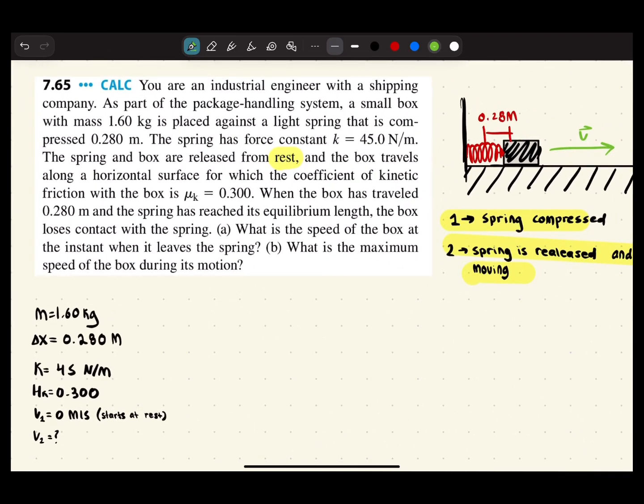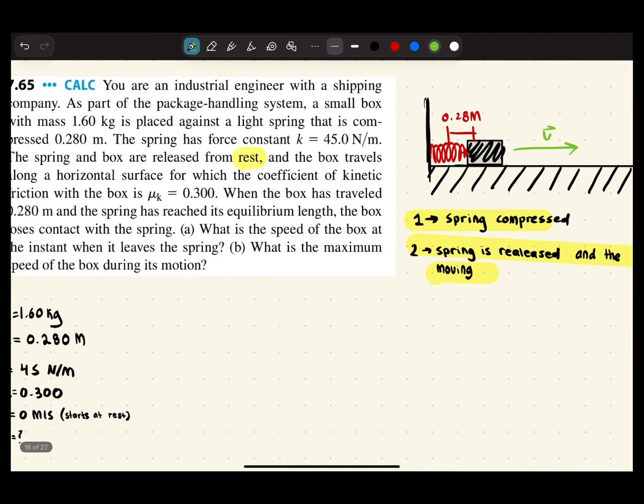So what else? The spring has a force constant k equals 45 newtons per meter. The spring and box are released from rest, and the box travels against a horizontal surface for which the coefficient of friction with the box is mu k equals 0.3.